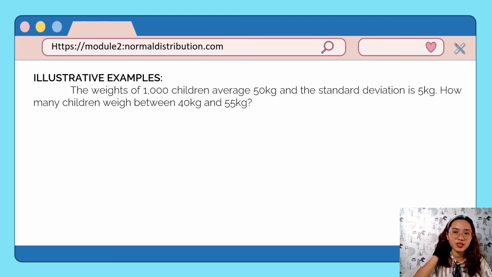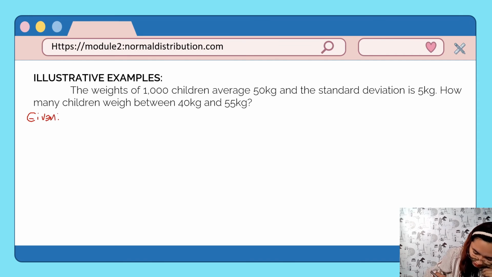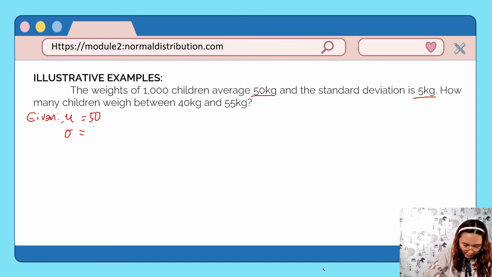Okay? For our last example, the weights of 1,000 children average 50 kilogram and the standard deviation is 5 kilogram. How many children weigh between 40 kilogram and 55 kilogram? So, identify muna natin yung ating mga given. We have the mean, 50, and we have the standard deviation, 5.